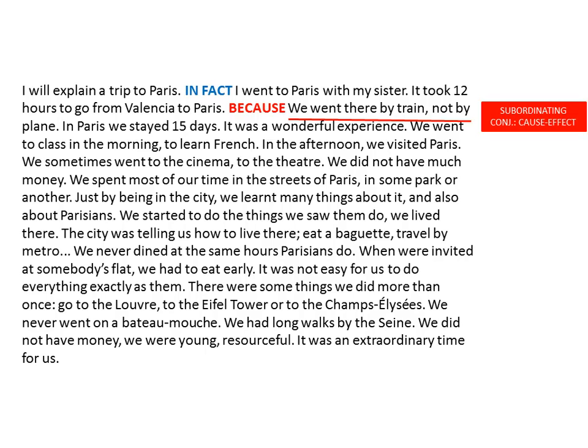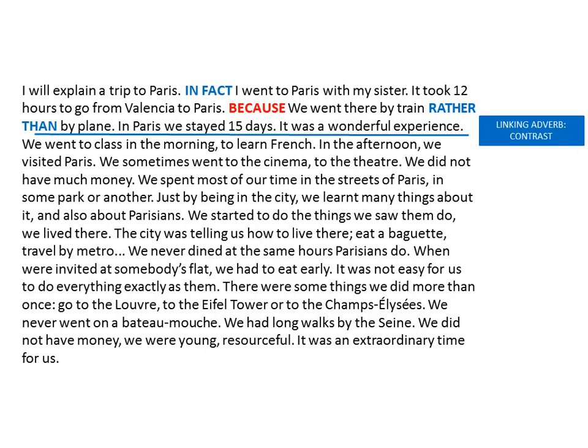We went there by train. And moreover, we specify that this is so in contrast with other types of transportation means. So we went there by train rather than by plane.